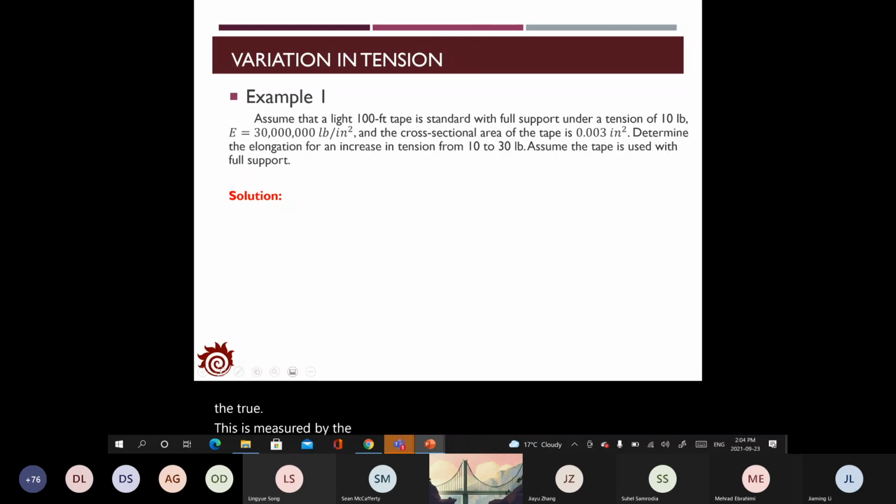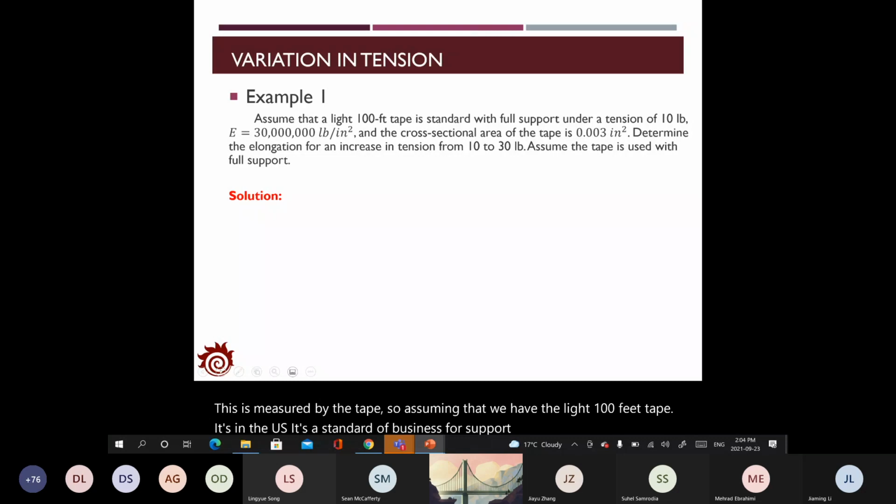Assume that we have a 100 feet tape. It's standardized with full support under a tension of 10 pounds, the elastic modulus is 30 million pounds per square inch, and the cross-sectional area is 0.003 square inch.